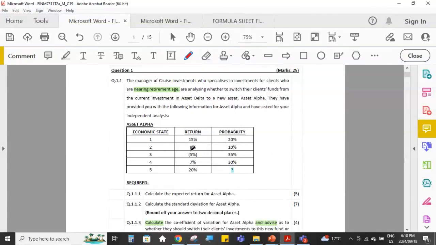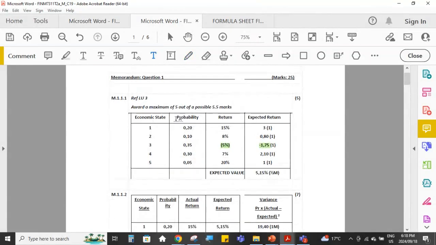And please note that that minus 5% must remain a minus 5% times 35%, plus 7% times 30%, plus 20% times 5%. And then we add those amounts together. So we've taken the probability multiplied by the return to get the expected return, which is a weighted return for each of the 5 probabilities.